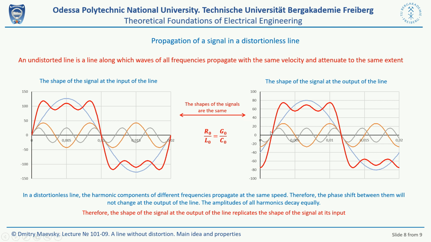But this time is the same for all three harmonics, because their phase velocity is the same. Therefore, at the end of the line, they will also have zero value at the same moment in time. The shape of the resulting signal, the red line, has not changed, so there is no distortion of the signal in our line.